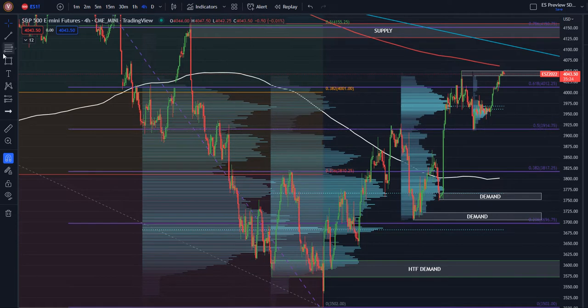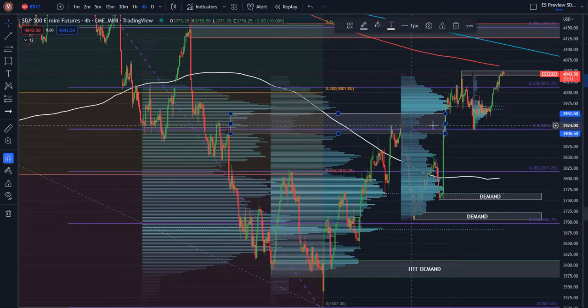So when you draw this zone, if you look from September to October, you see this vicinity, because we haven't had a lot of price discovery in this zone at 39.50 all the way down to 3900.